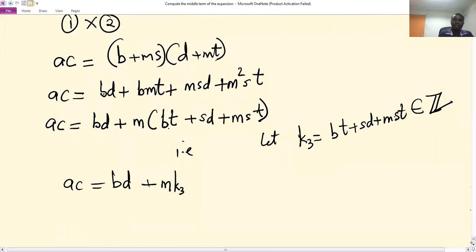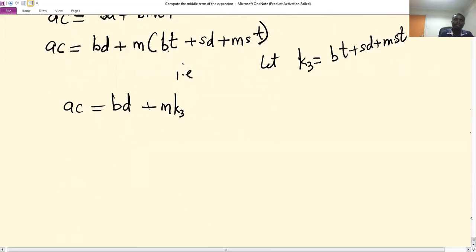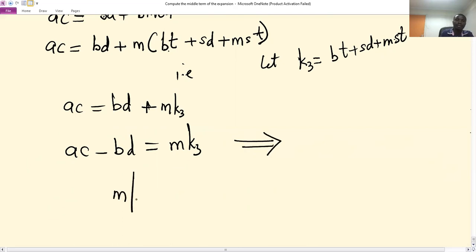And from this equation, we move BD to the left. So AC minus BD is nothing but MK3. But from the definition, if AC minus BD is MK3, then this implies that M divides AC minus BD.